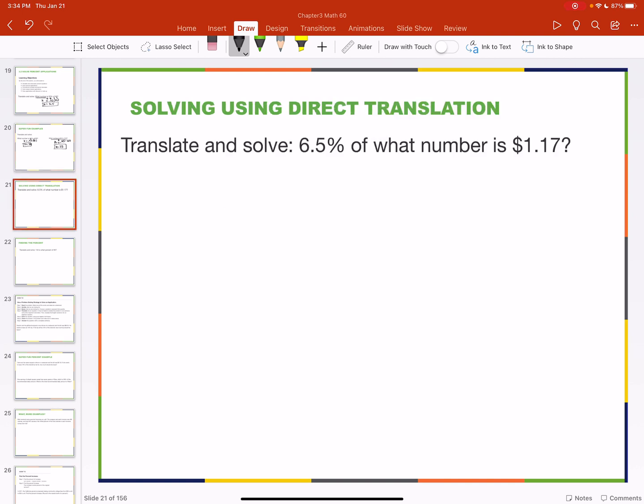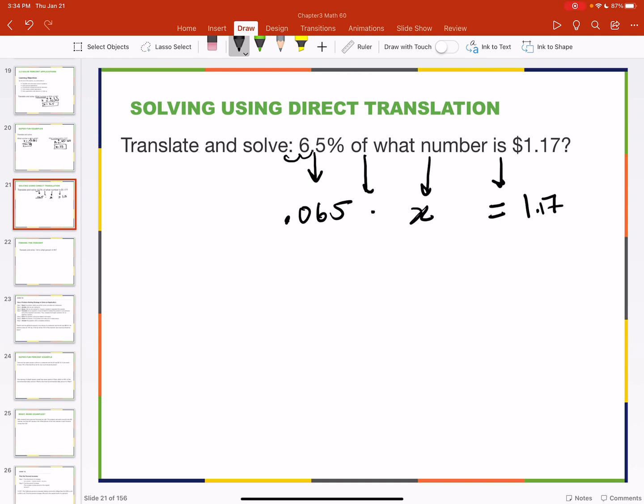Okay, 6.5% of what number is $1.17? So 6.5% translated as a decimal is 0.065, and then of means times, and what number means x, so 0.065 times x is 1.17.